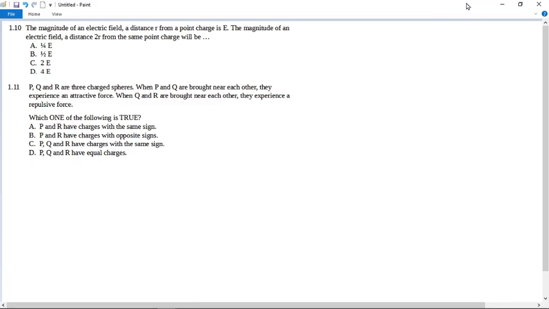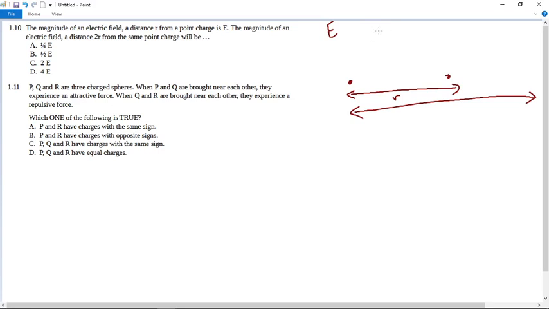Now this one's about field again. The magnitude of an electric field, remember field is given the symbol E, at a distance R from a point charge. So I've got a point charge and I've got this distance R. The magnitude of an electric field at a distance 2R will be... let's have a think about this one.